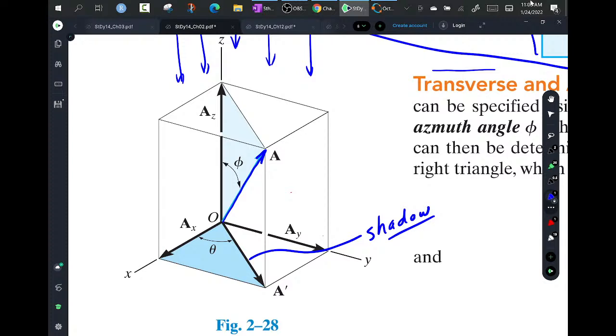Now, believe it or not, you actually have this vector, this component. So it is in a square box here. This component in the Z is through this angle here.